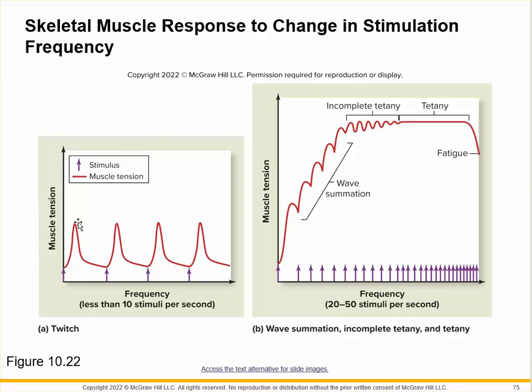But if this is a muscle twitch, and the muscle completely relaxes, and then the next stimulus happens, and we get the latent period, contraction, relaxation, latent period, contraction, relaxation. We get this, and these are twitches.